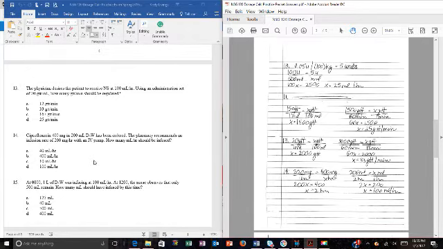So then I take 200 milligrams given over 2 hours equals X milliliters per hour. So when I cross multiply, I get 2x equals 200. X equals 100 milliliters per hour.